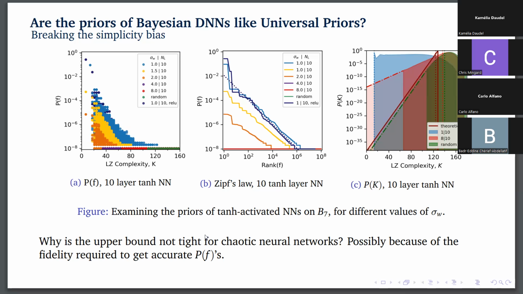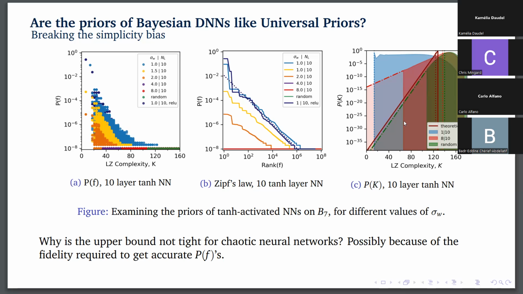What's the ideal picture? What would be good and what's bad? So flat is good. If P of K is flat, that implies generally that you have a strong bias towards simple functions, because you have an exponential growth in complex functions, but an exponential decrease in the probability each of those complex functions is assigned.